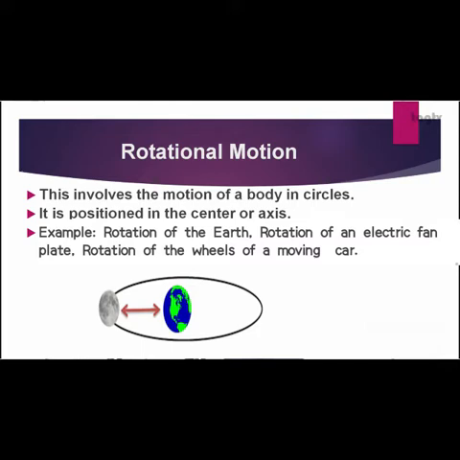If you look at your electric fan, for example, it's also done in a circular motion. The rotation of the wheels of a moving car. The 4 tires that make up a moving car are moving in a circular motion, and this vividly explains that the rotational motion involves the rotation of a body in a circular form.